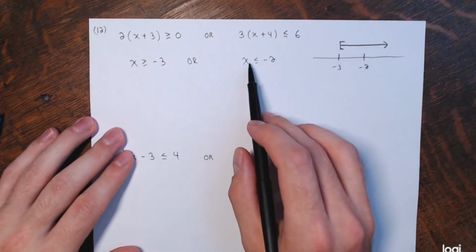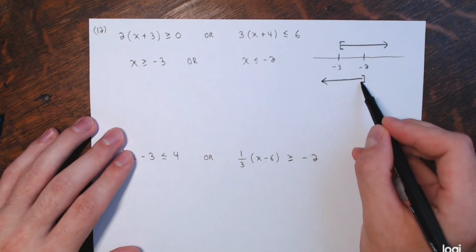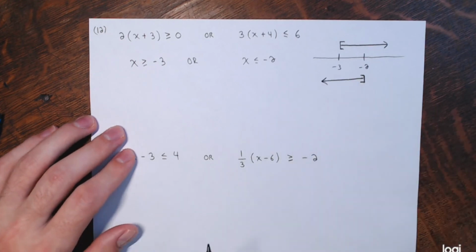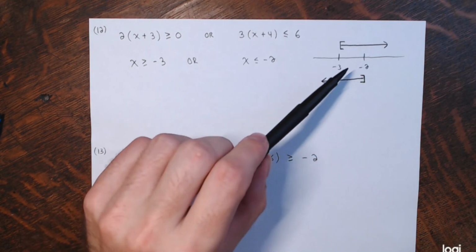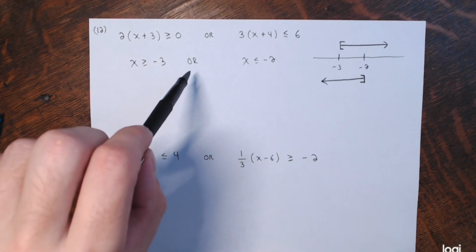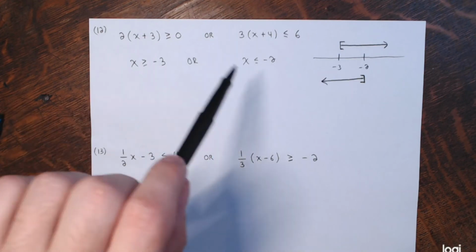X is less than or equal to negative 2. That's these numbers that I put on the bottom. And again, just like in the last example, because it's an or statement, we're looking for numbers that satisfy the first inequality, the second inequality, or both.